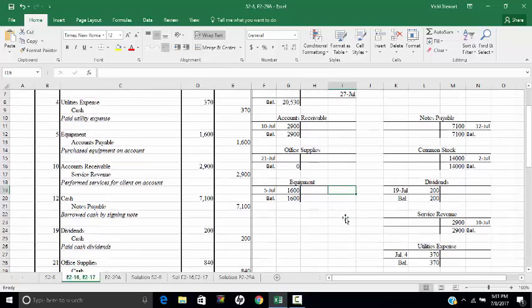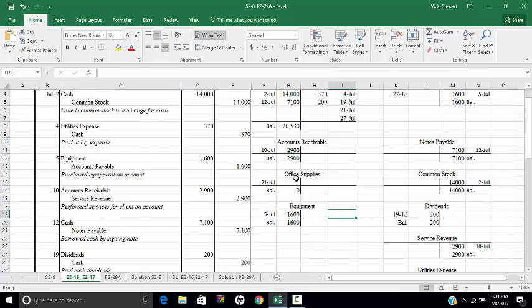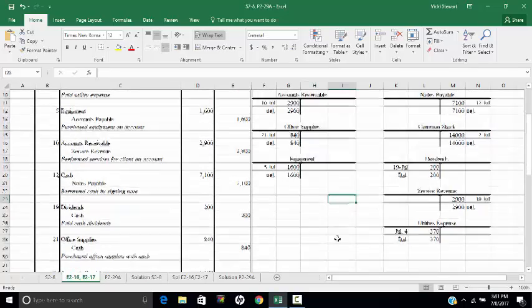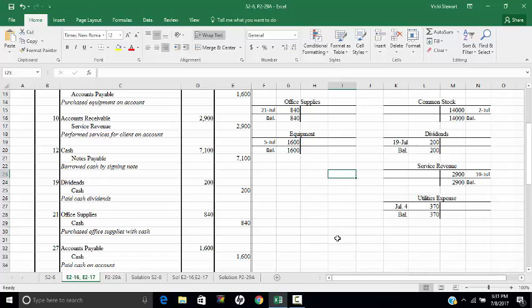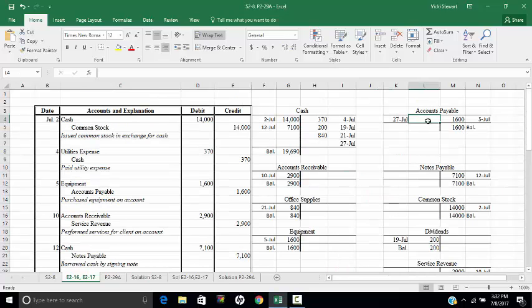And then our next one is we purchased office supplies for cash, so that $840 would be a debit to office supplies and a credit to cash. And then our last transaction said that we paid the accounts payable off for July 5th, so that's going to involve a debit to accounts payable and a credit to cash.